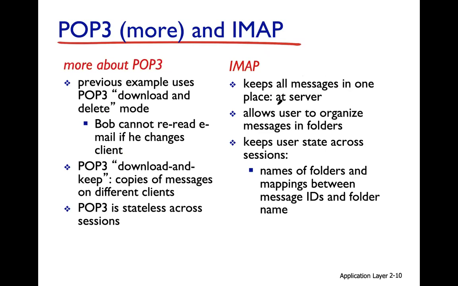So it does not use the download and delete version. It allows users to organize messages in folders. So if you create many folders, say this is the university mail, this is from faculty 1, this is from faculty 2, this one is my professor 1, professor 2. So you can create different folders.